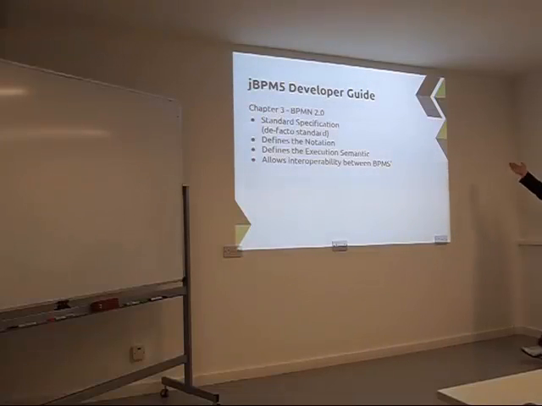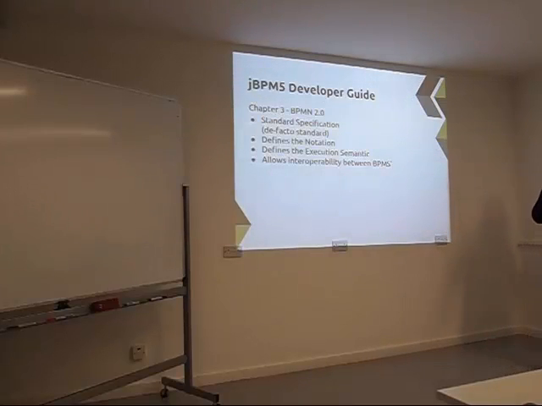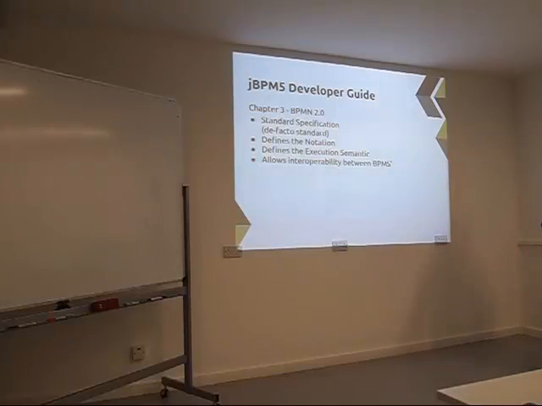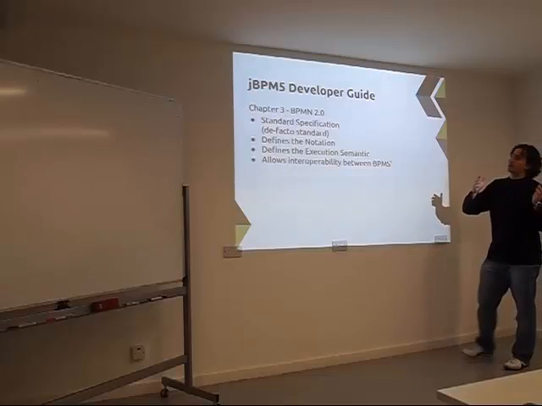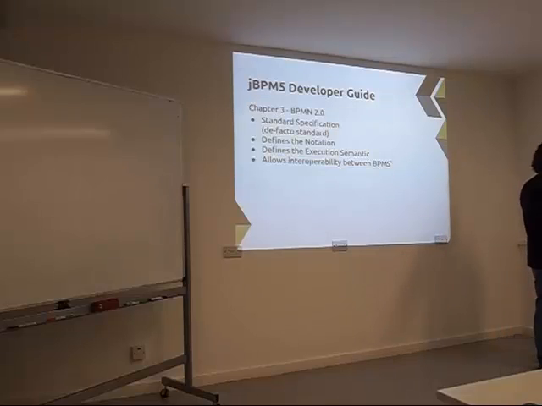That is good, but another big advantage is that version 2 of this specification also defines the execution semantics of the process. So it is not just what nodes do I have, what tasks do I have, and what are the properties of these tasks, but what is the expected behavior of each of the tasks or nodes that I have. So this makes the interoperability between engines easier.